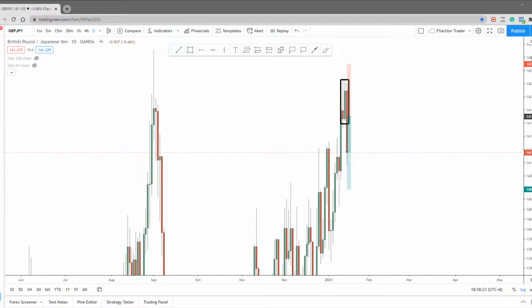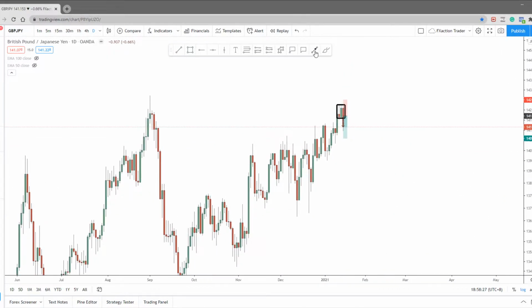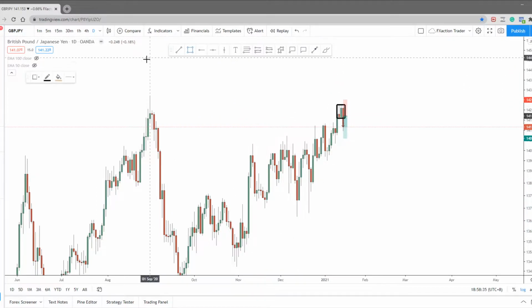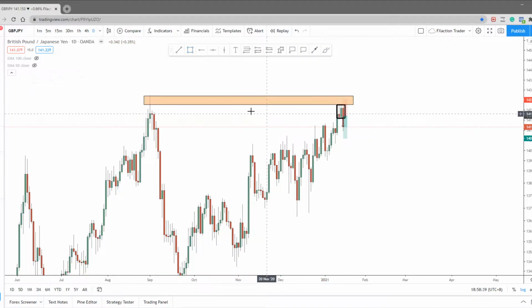Let us go to the higher time frame, and on this daily time frame, we can see that on the recent market structure there is a very obvious uptrend. But if we look at the bigger picture, the market is at the previous daily high level, where the market is now retesting this resistance level.